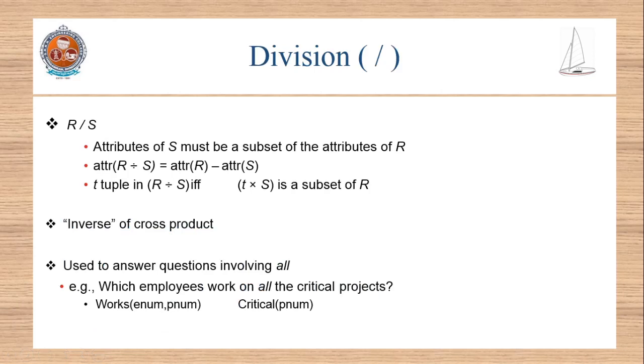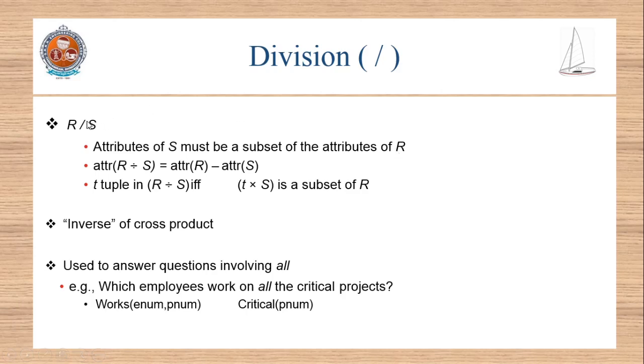The next operation is the division. Division is nothing but we are going to retrieve some tuples in which the right side relation is going to be the subset of the left side relation. So the attributes of S, this is the right relation, must be a subset of the attributes of R. We are not going to say the tuples, we are going to say the attributes.